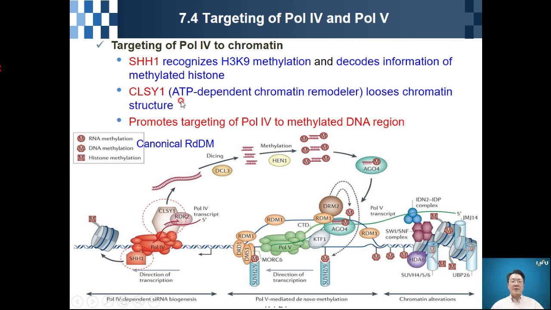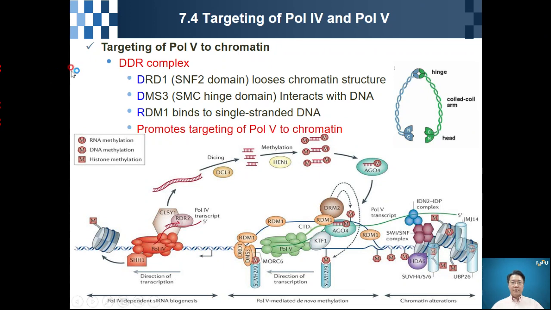CLSY1 is an ATP-dependent chromatin remodeler, so CLSY1 loosens the chromatin structure. After that, the chromatin structure is loosened, and polymerase 4 can easily bind to the methylated DNA region. So this is one mechanism.